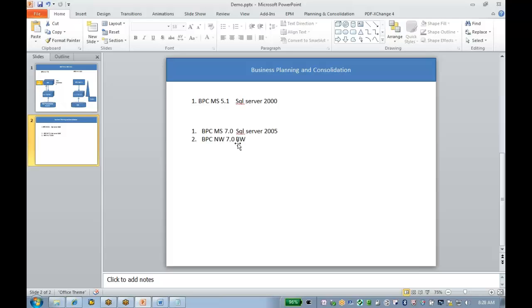It has some products for performance related, strategy related, planning related, consolidation related. All these are part of NetWeaver. The transactional system, the data warehouse system, and whatever I am saying, performance related, strategy related, all those products you can say are part of NetWeaver.